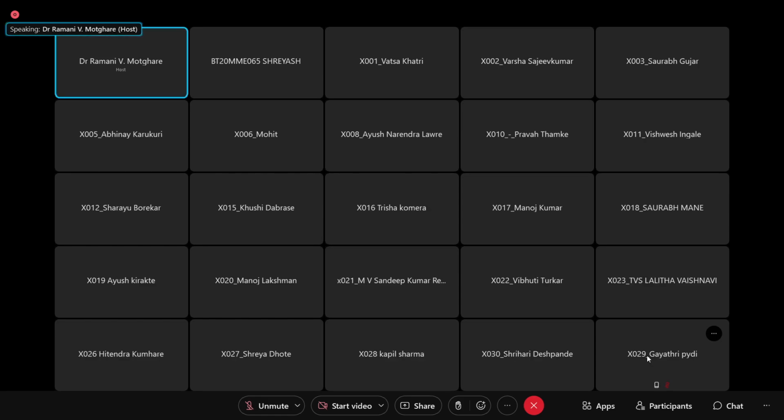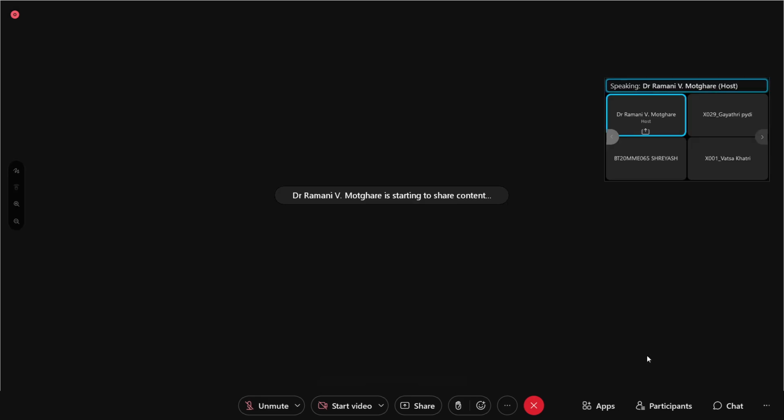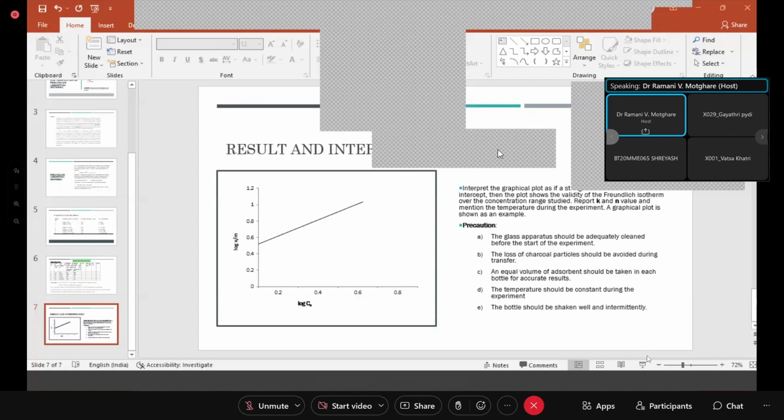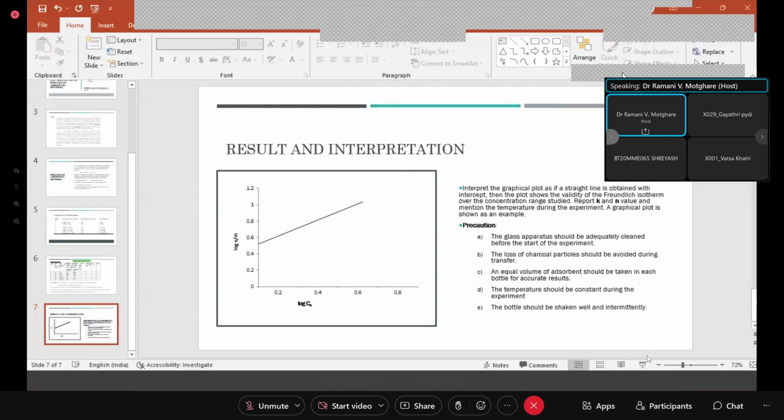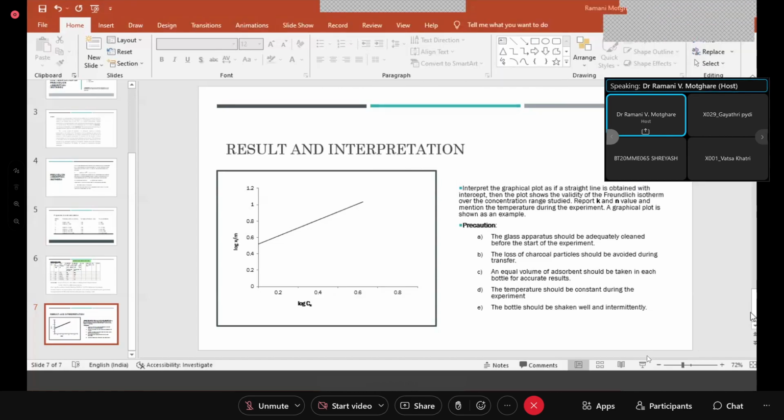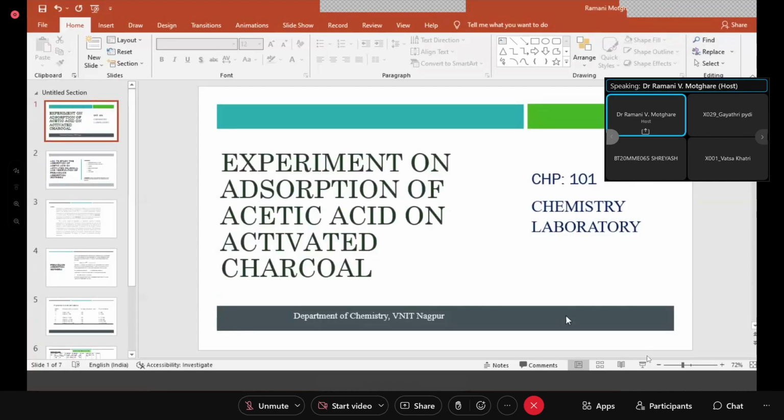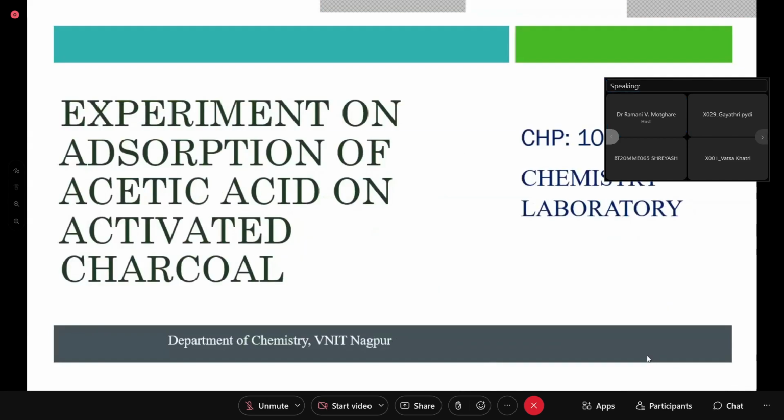That is why, now I think I have given you the experiment on ion exchange capacity, right? Are you all having the experiment for determination of ion exchange capacity of a cation exchange resin?